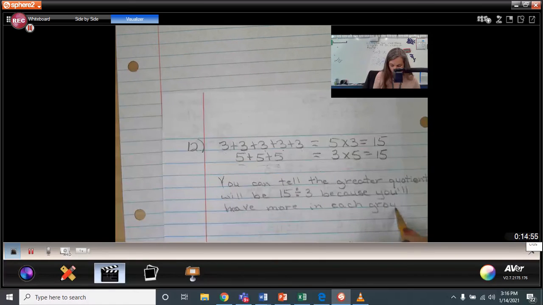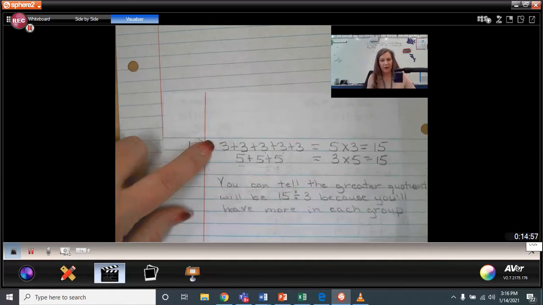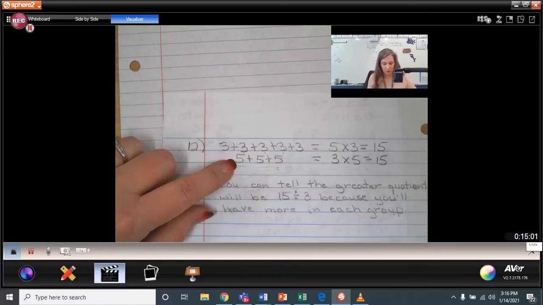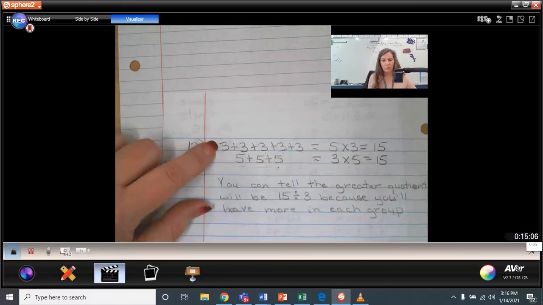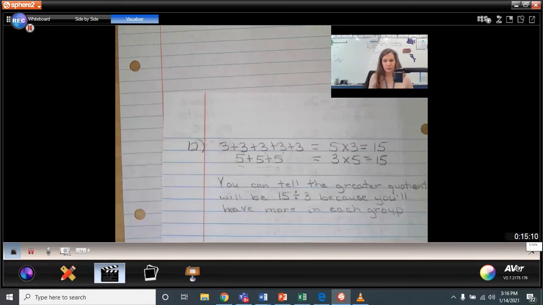And I'm showing that here. So if I break it up into 3 equal groups, I'll have more in each group. If I break it up into more groups, I'll have fewer in each group. And that means I'll have a greater quotient here in my 3 equal groups.